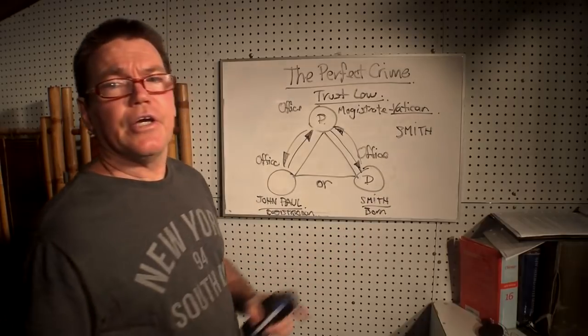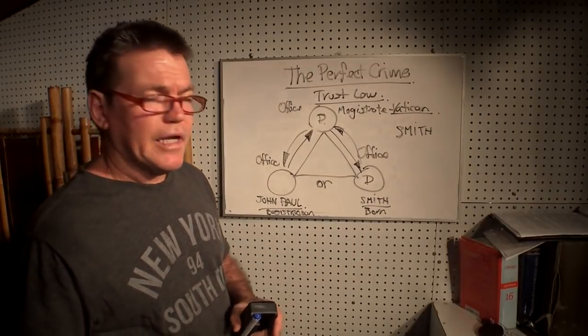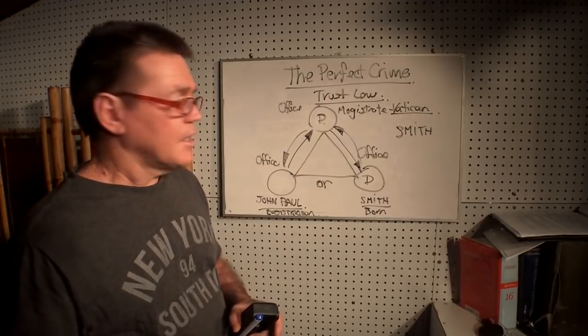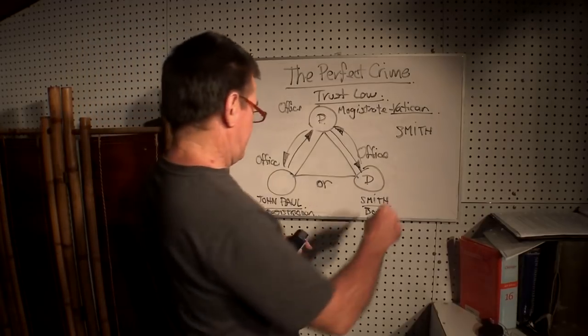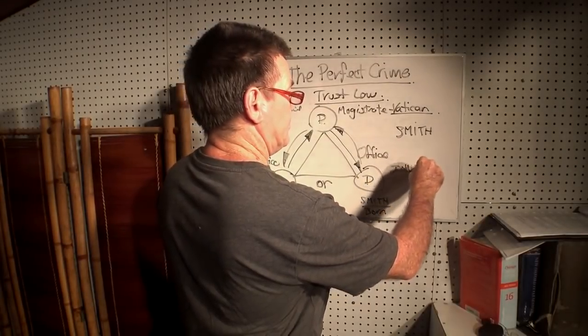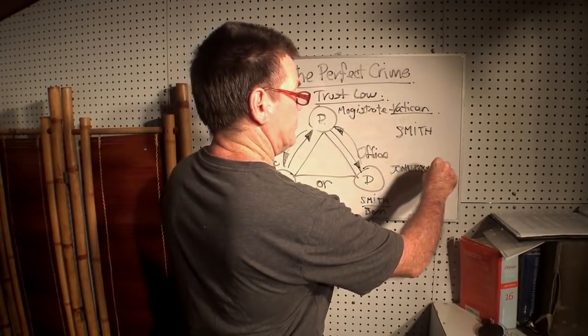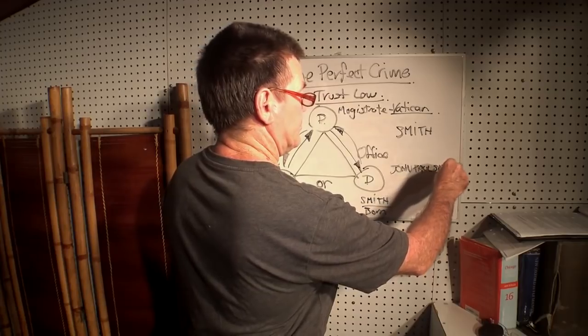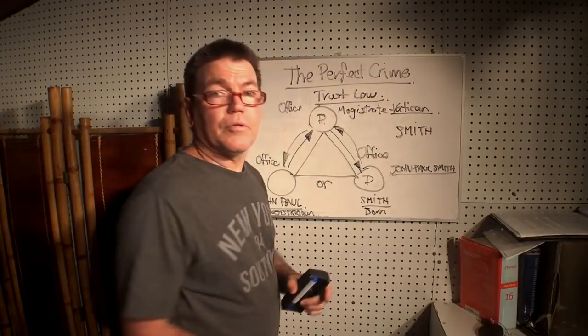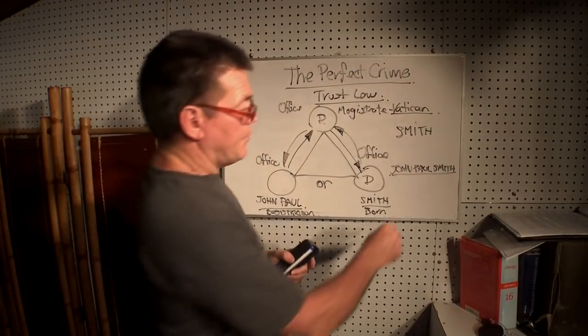And when you die and you get your name engraved onto a tomb, you will have the name John Paul Smith. That is the debtor.